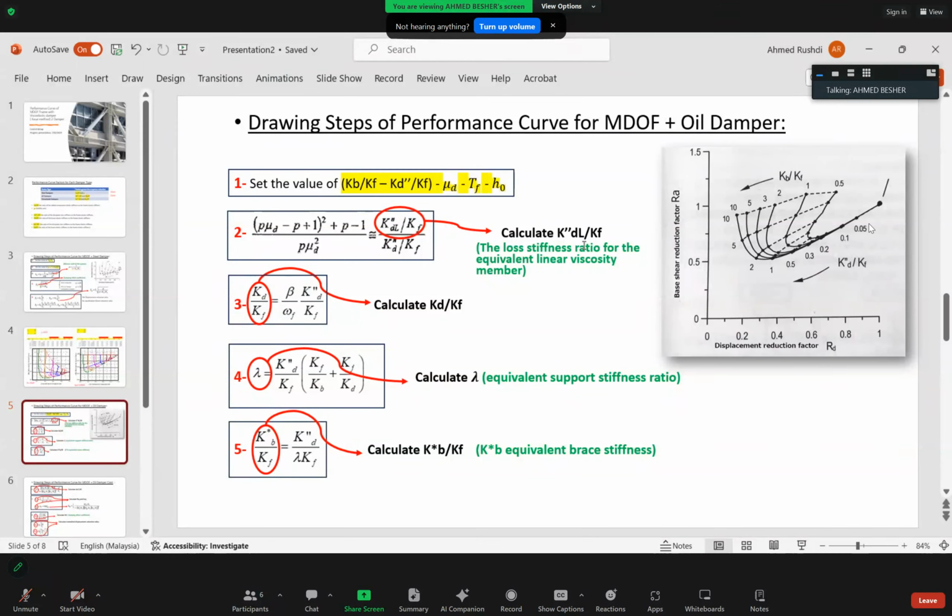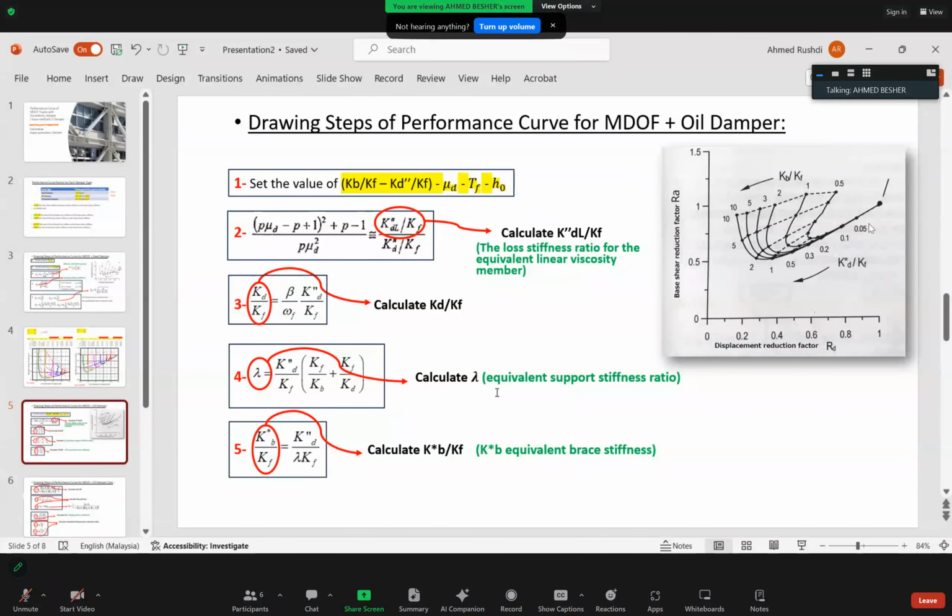We transfer it to an equivalent linear system for the damper, and we calculate K double dash by Kf. On the third step, we calculate the damping stiffness and the frame stiffness ratio to get lambda. Lambda is the equivalent support stiffness ratio.